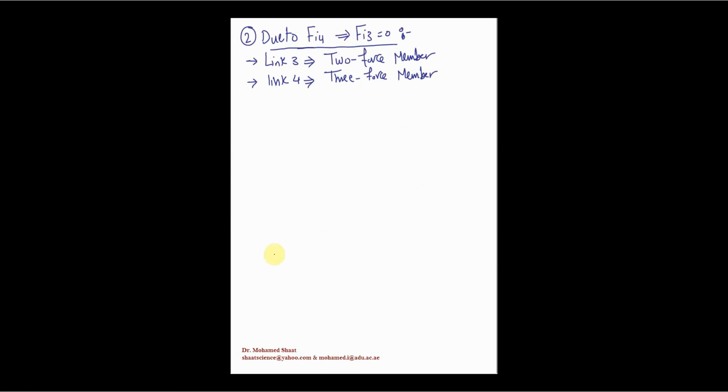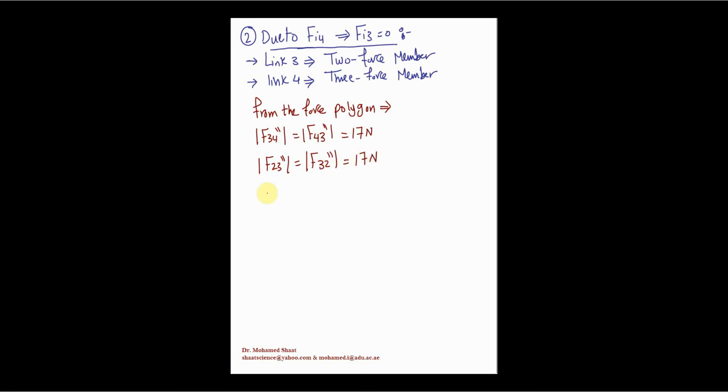So from the force polygon, we got the magnitude of the F34 double dash, which should equal the magnitude of the F43 double dash, equals 17 Newton from the measurement, and the magnitude of the F23 double dash, which should equal the magnitude of the F32 double dash, equals 17 Newton as well.